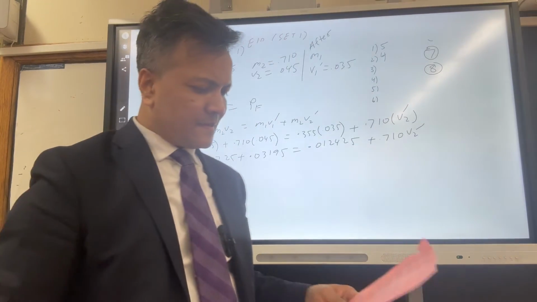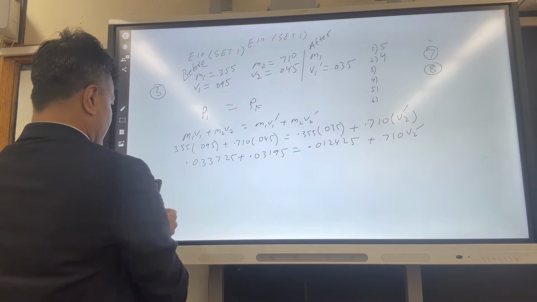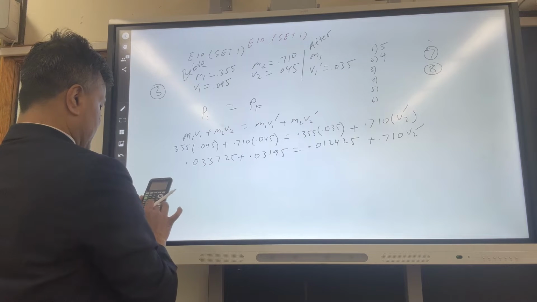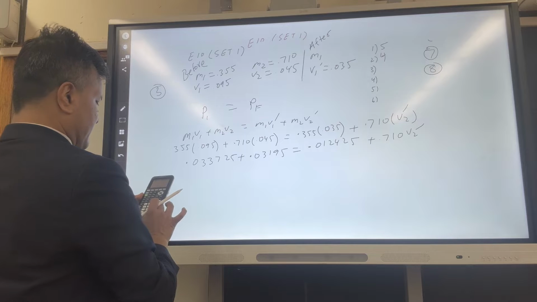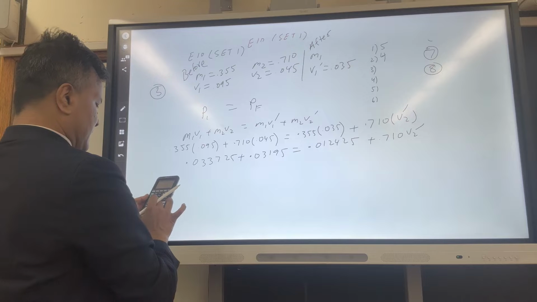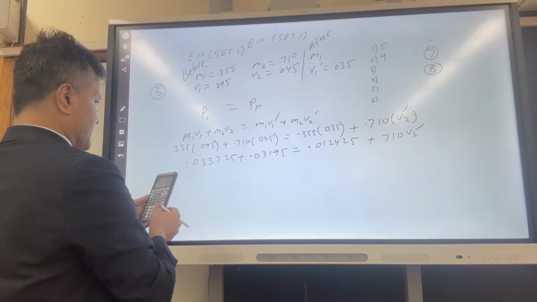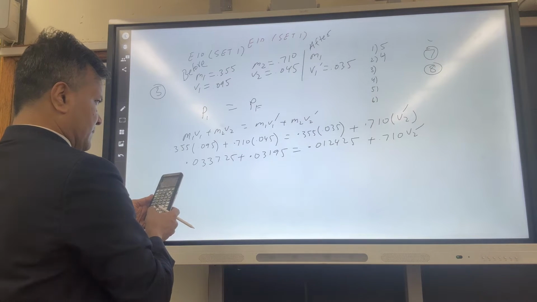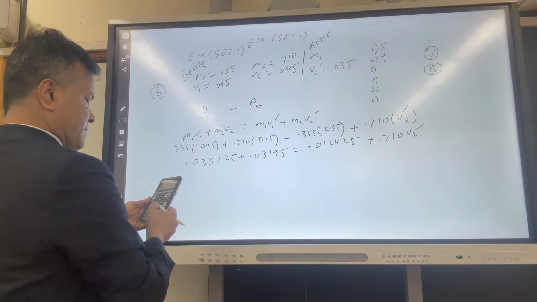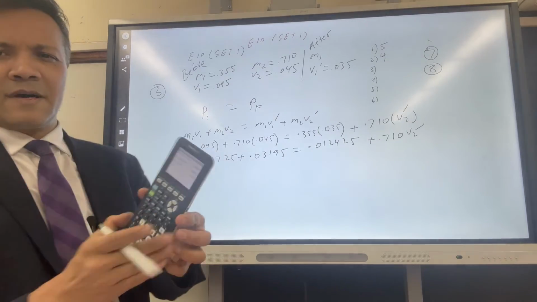So what is the answer? Okay, so let's do it again. 0.033725 plus 0.03195 minus 0.012425, divided by 0.710, is 0.075.